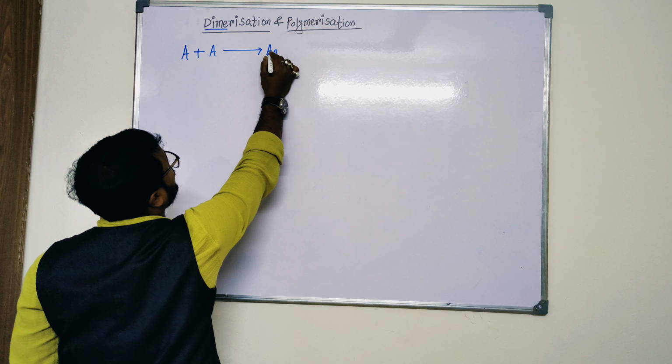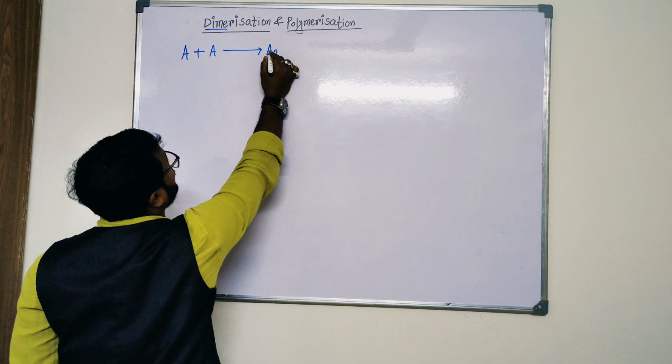So we are going to discuss the conditions for formation of bridge bonding. What are the conditions? First condition, whatever central atom you are taking, that should have a vacant orbital.